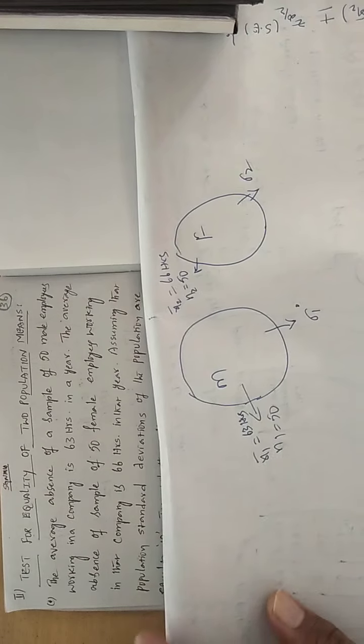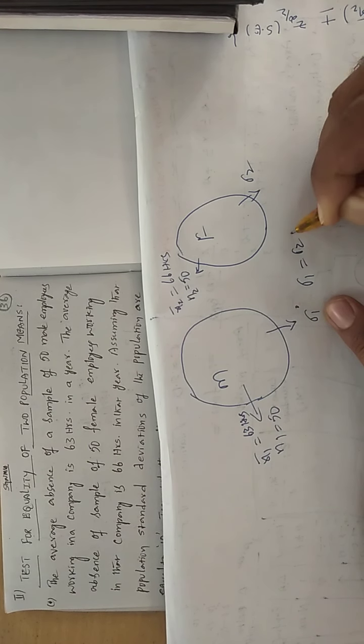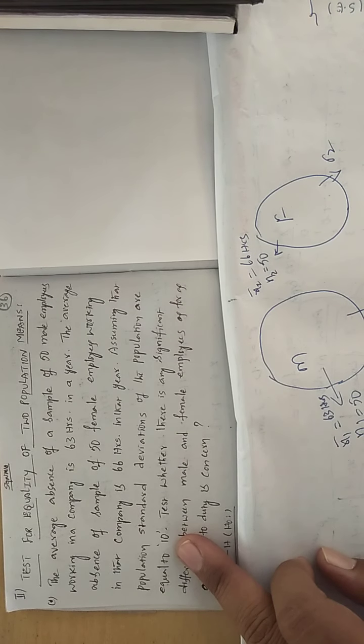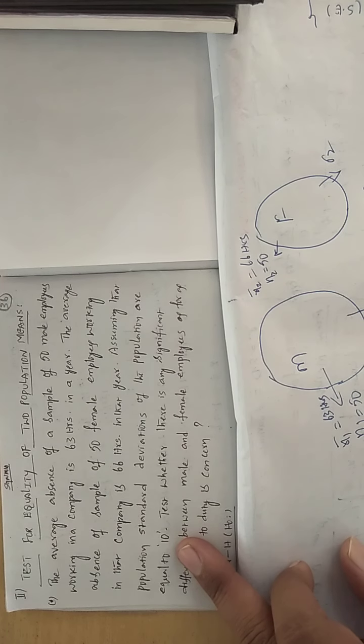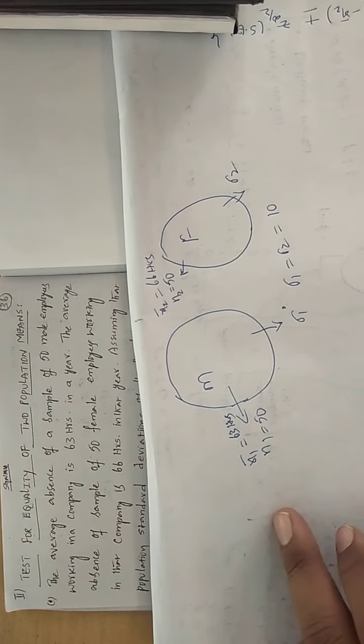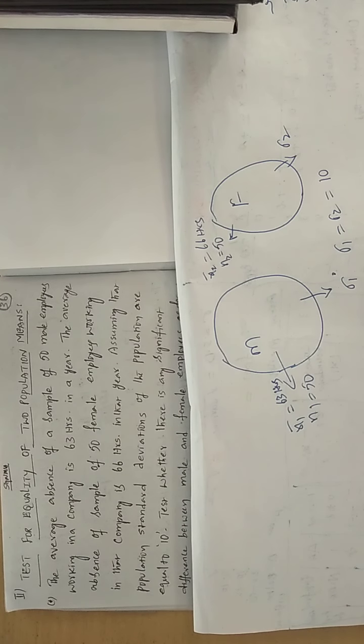So what is given here? Both are equal, sigma 1 is equal to sigma 2. And the given value is 10. So that means both are equal and known.